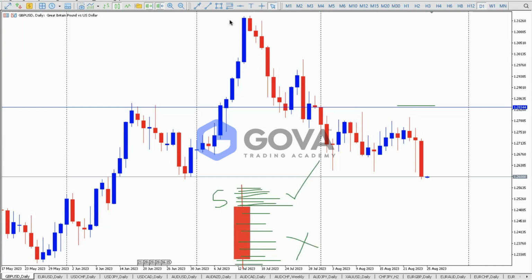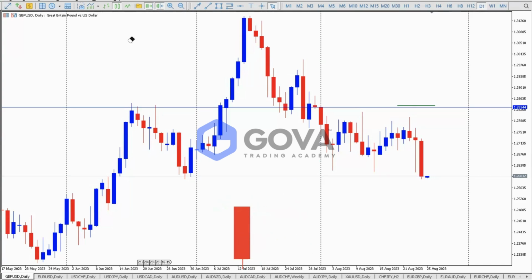What if the candlestick does not have wicks? Where then can you mark your zone? Your zone can be sitting on the area here.